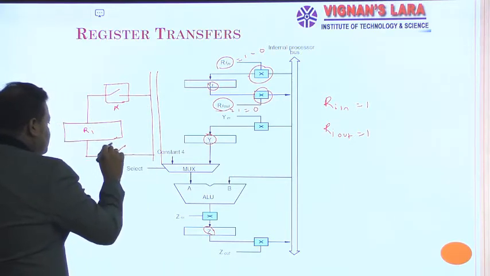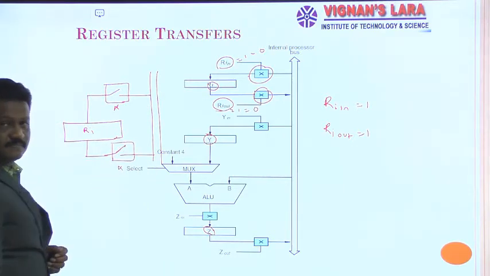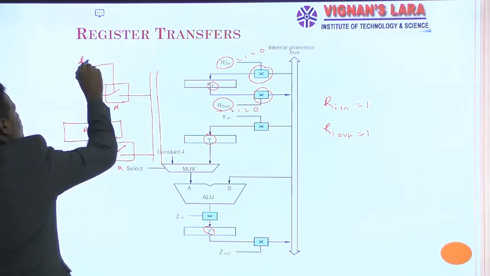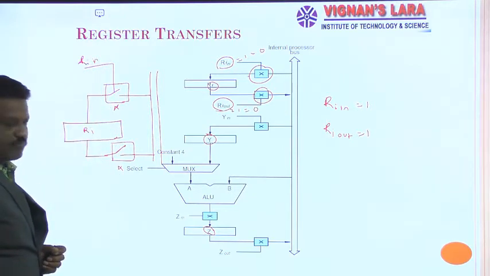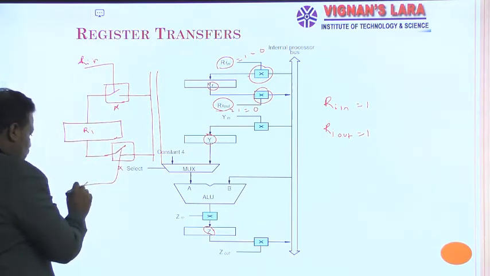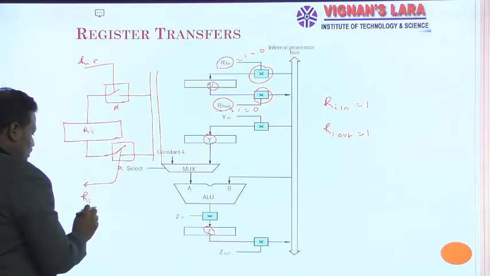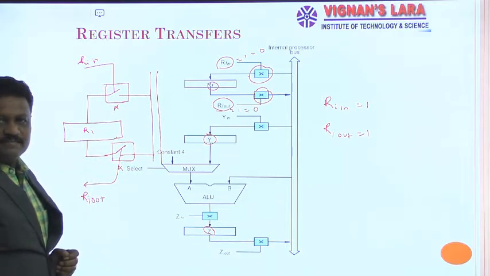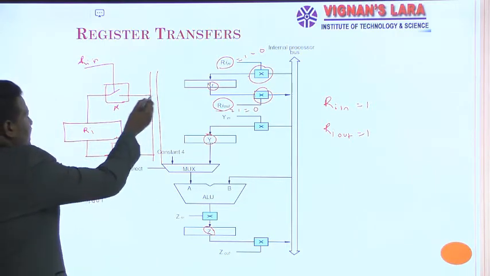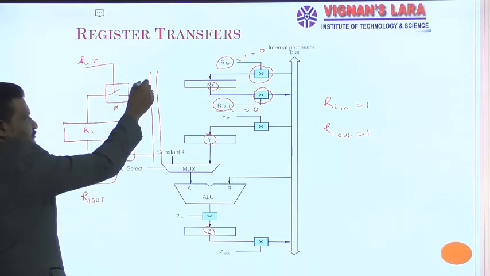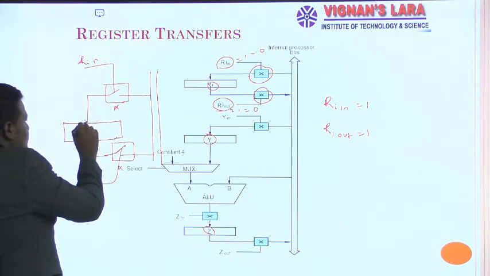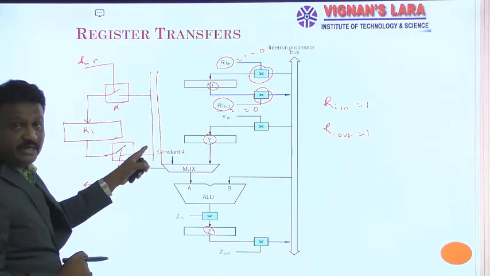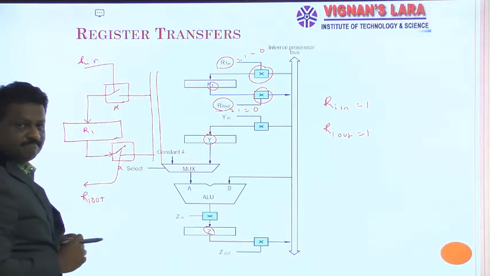Again, this is X. Now you can assume this switch is controlled by a control signal Ri in, and this other switch is controlled by another control input, Ri out. Then the data is copied onto register Ri from the internal bus through this path, and the data of Ri is transferred to the internal bus like this.